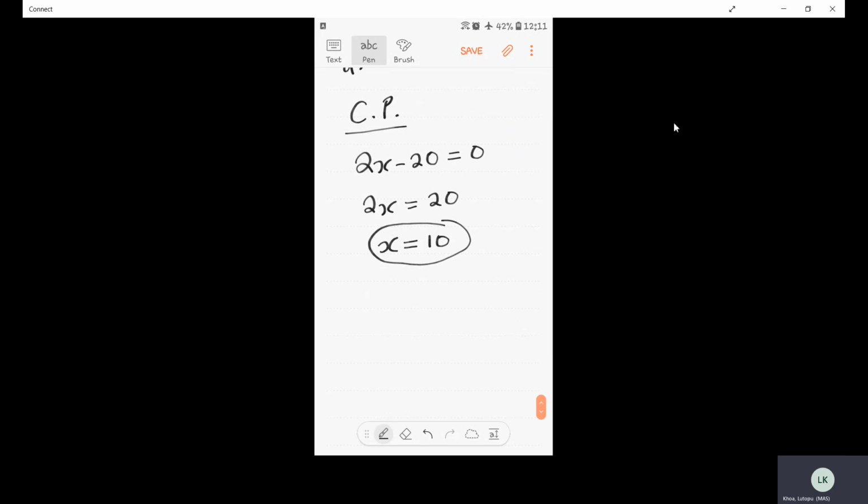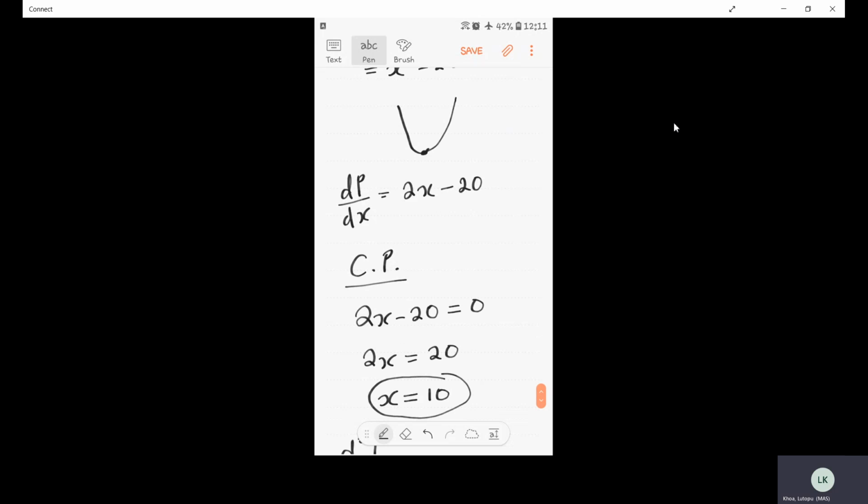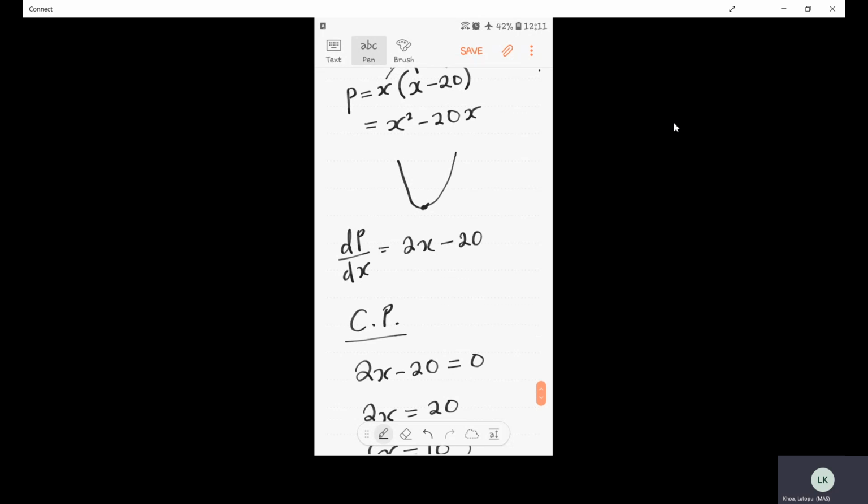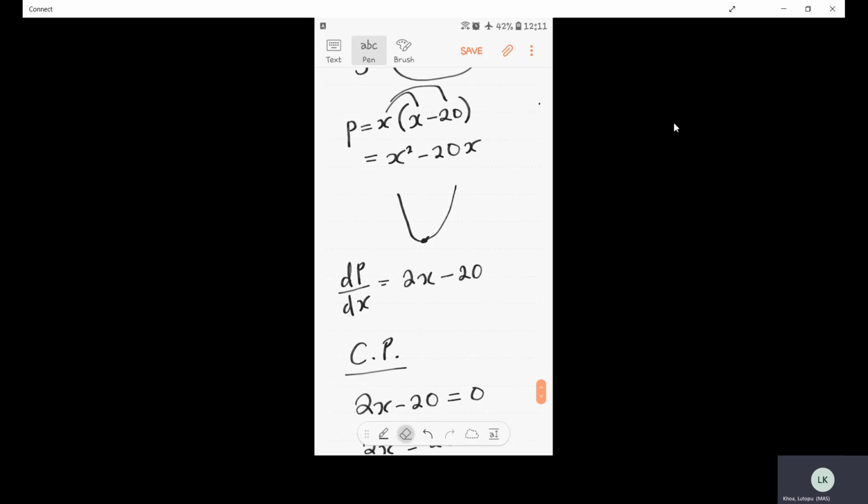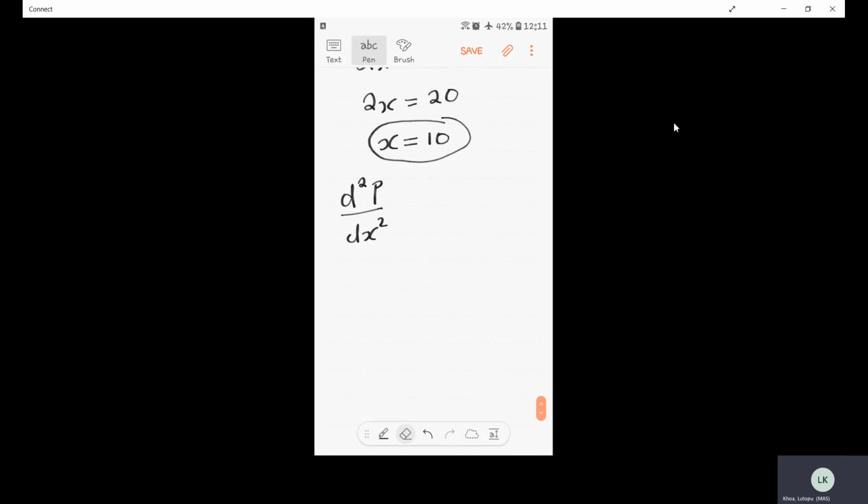And what I do is I use the second derivative to test and prove that this is indeed the minimum value. So I find the second derivative, d2P/dx2. My first derivative was 2x minus 20. When I differentiate 2x minus 20, I will get 2 minus 0. So this is just equal to 2.